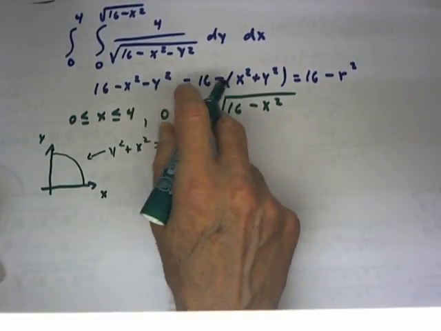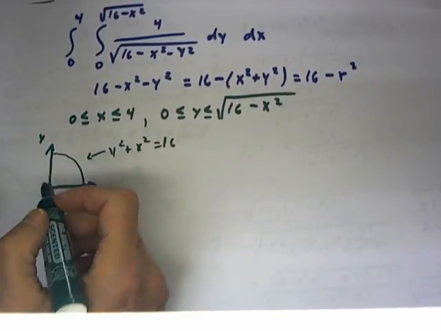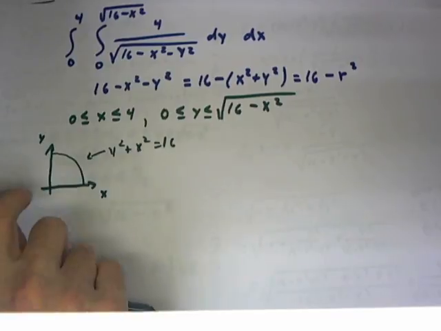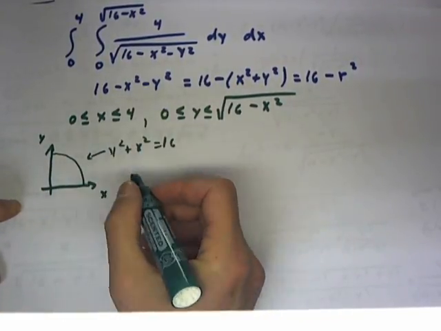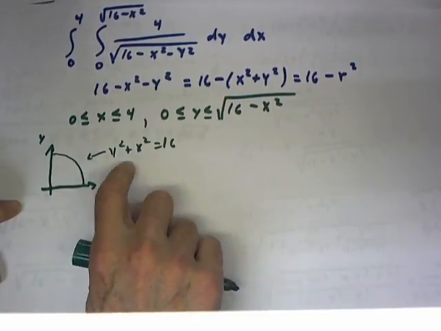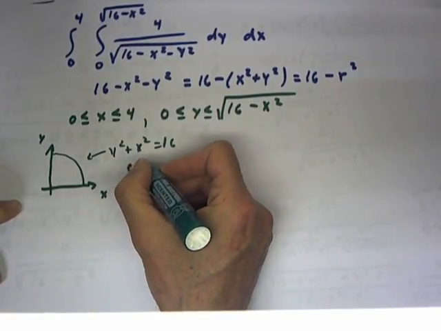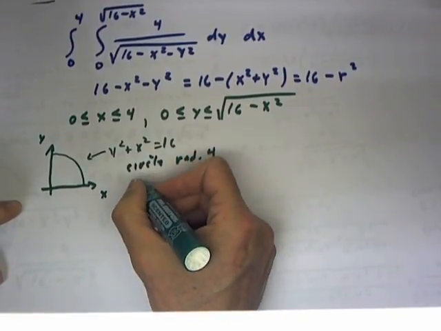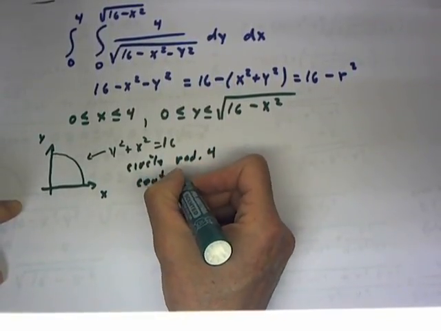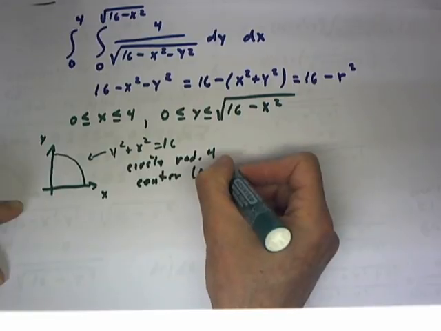That's our curve corresponding to this upper limit. This curve is just a circle of radius 4 centered at the origin.